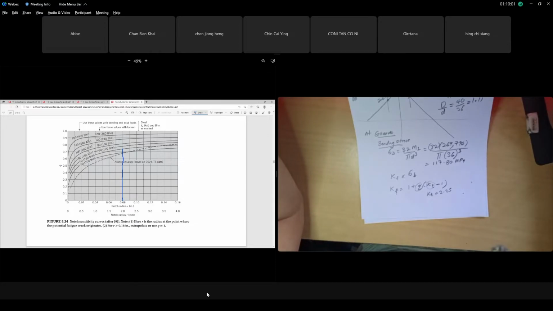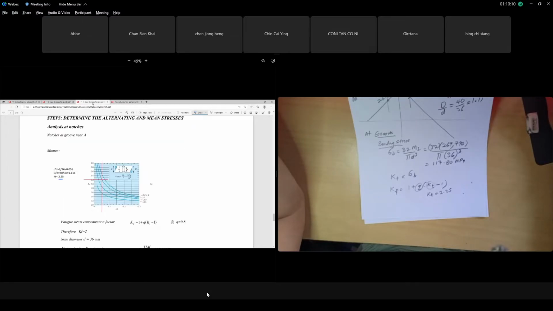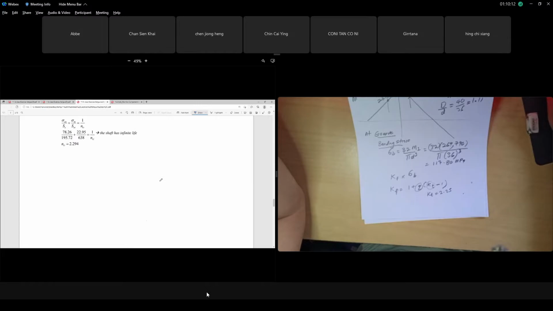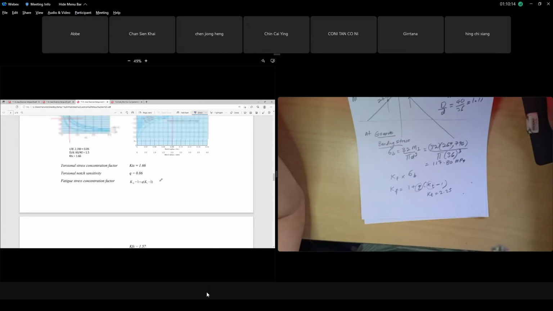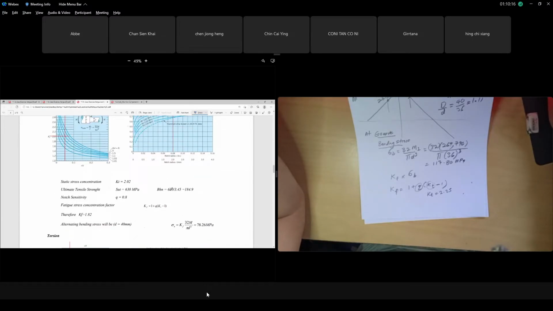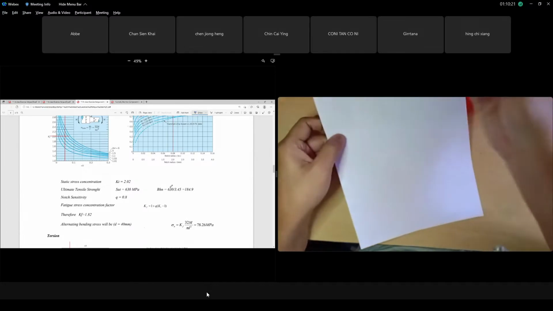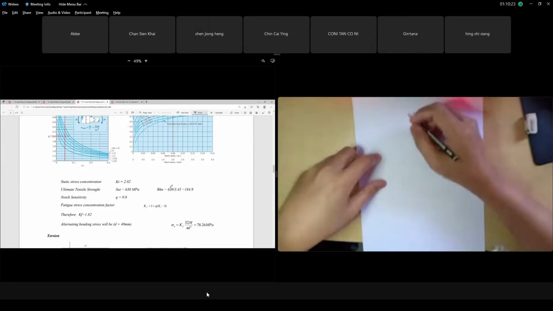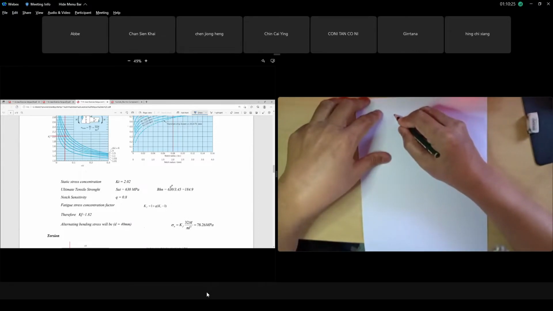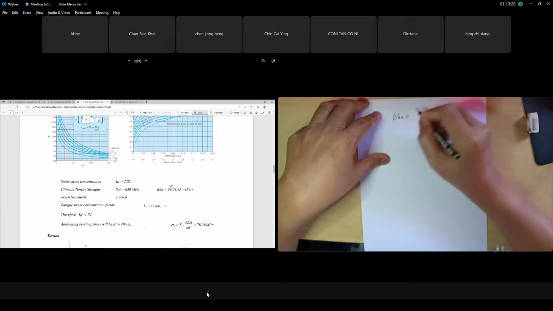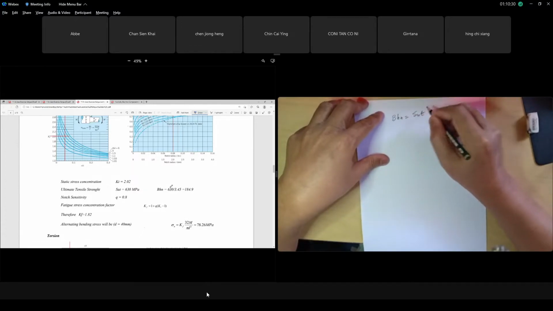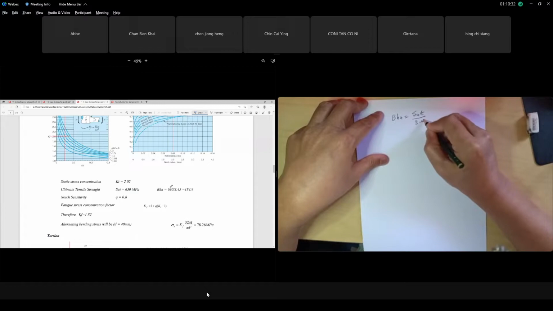Or we can get the Brinell hardness. You need to take note of this, guys, because you need to find your Q. Brinell hardness is your SUT over 3.45.